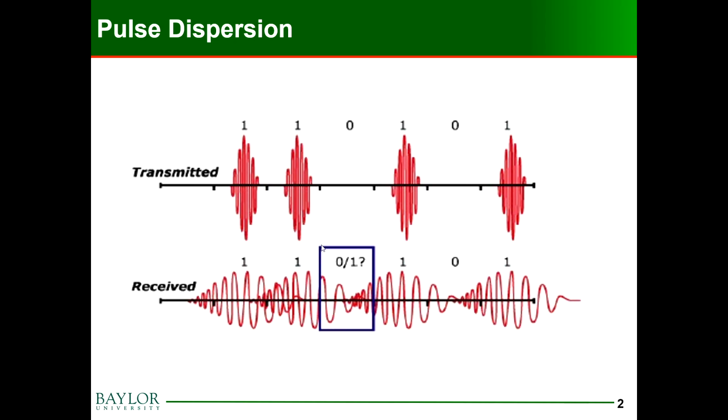But at this specific point, because there is some signal here, it's really hard to decide whether this is 0 or 1. It will create errors. So in communication, we need to avoid dispersion in order to decode correctly. That's the dispersion.